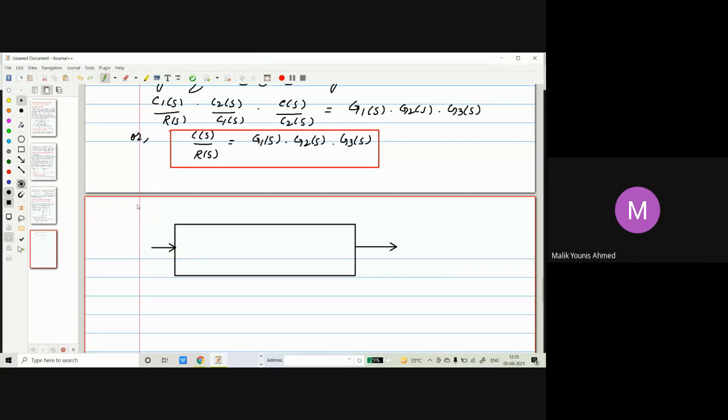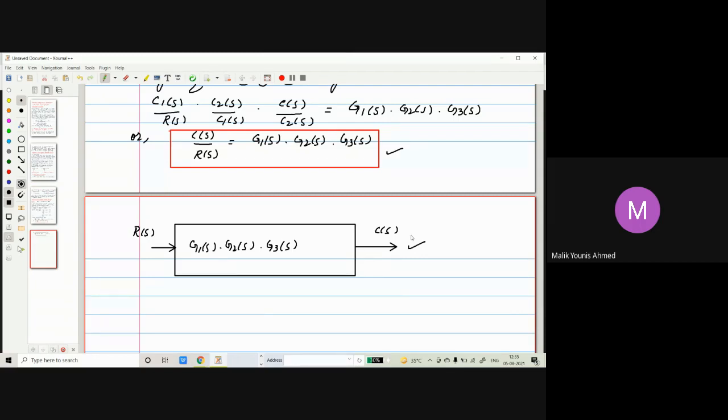So this is your R of S. This is your C of S. This is the individual transfer function, G1 of S multiplied by G2 of S multiplied by G3 of S. Okay. So this is the block diagram representation of the equation which we have got. So in the block diagram, we can represent it like this.